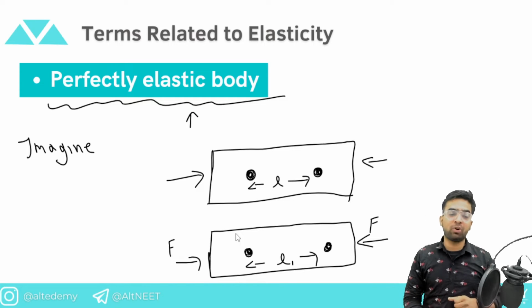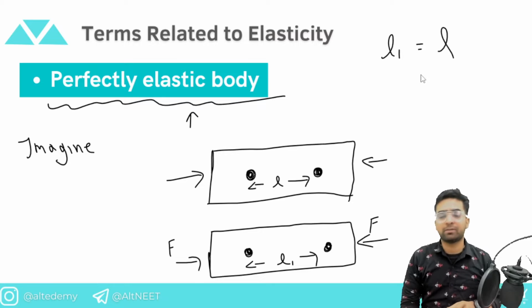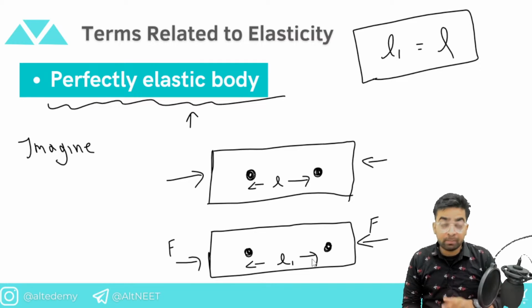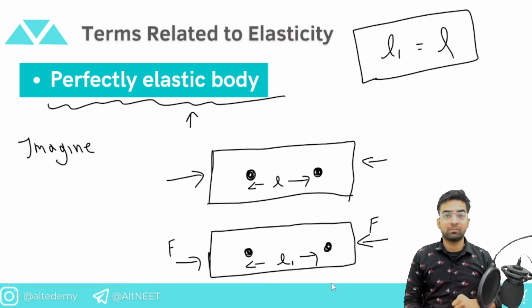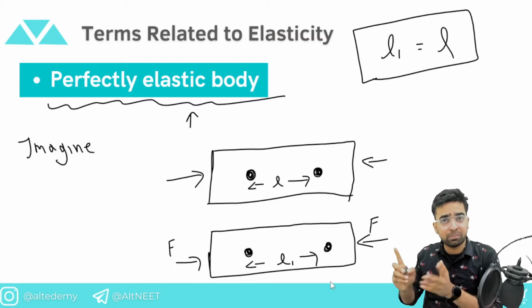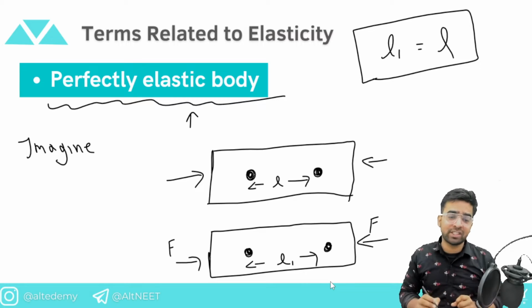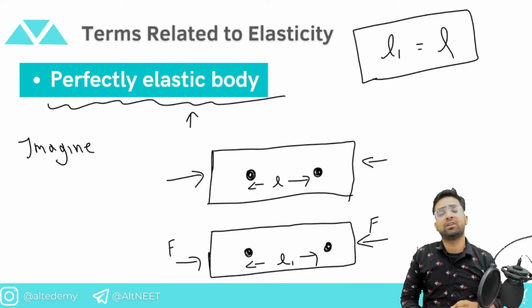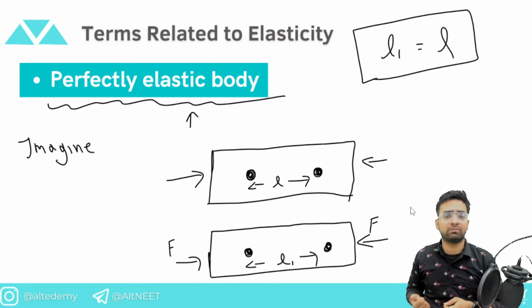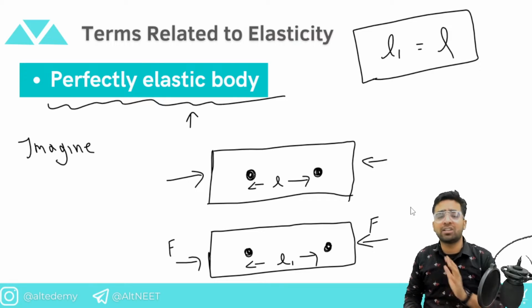For a perfectly elastic body, after you remove this force, if L1 becomes equal to L, returning to its original size, shape and length, then we can say it is a perfectly elastic body. It regains its original configuration.